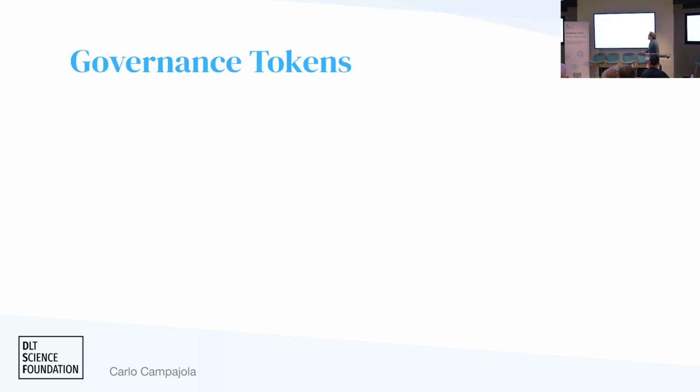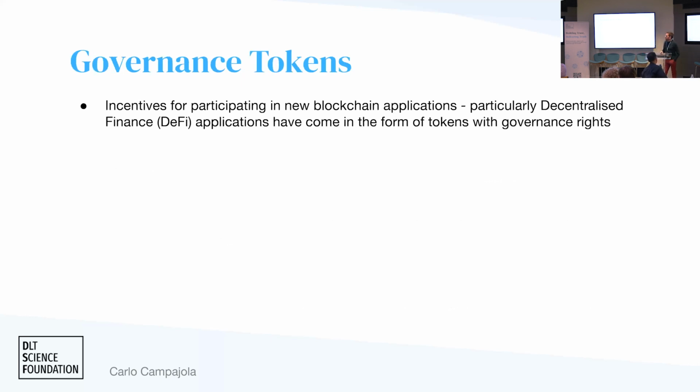Okay, so let's talk a bit about what governance tokens are. I mentioned there are a few kinds of tokens that you may have, and let's look at what their value proposition is. For governance tokens, the value proposition is putting an incentive on participating in a new blockchain application, particularly for DeFi, but not only.